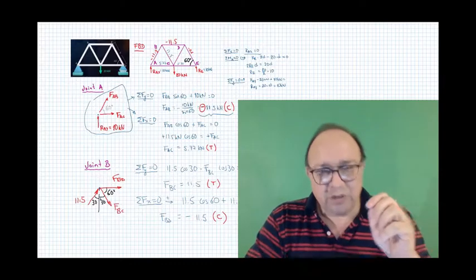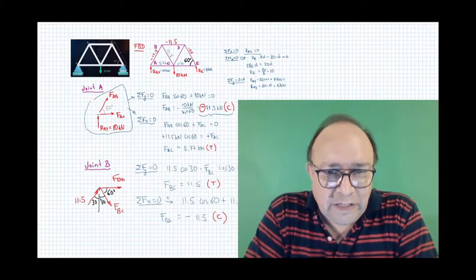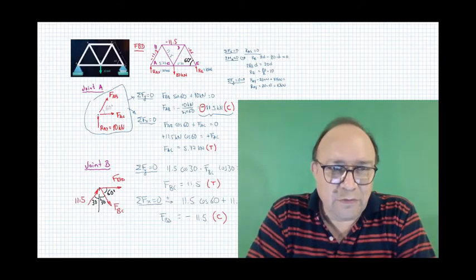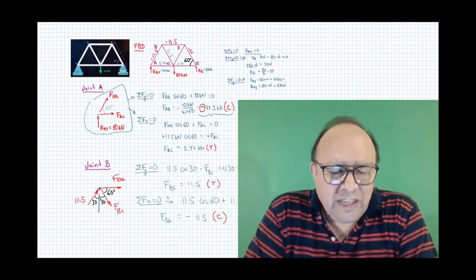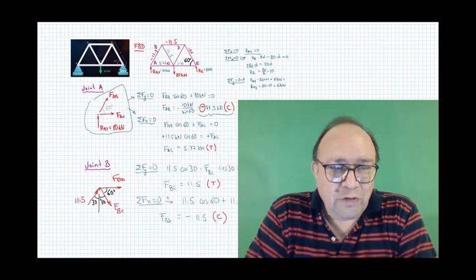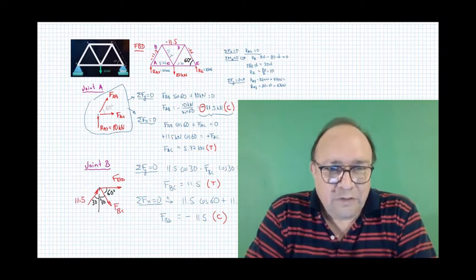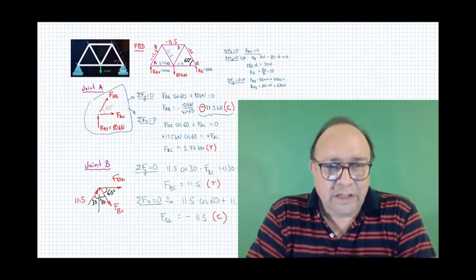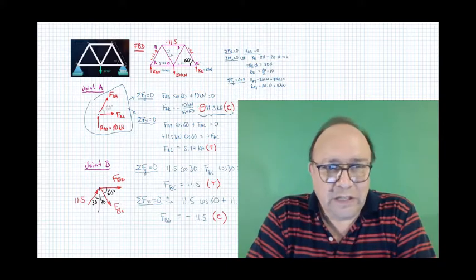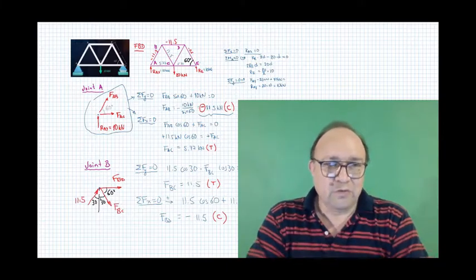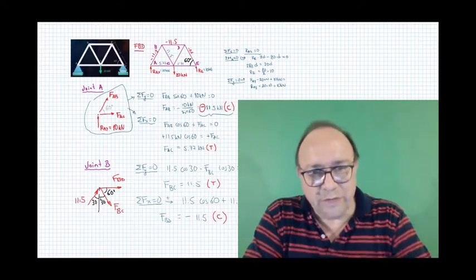Another thing is that you don't necessarily have to start by solving the external reactions before you start with the joints. If you can find a joint that you can start to solve without calculating the external reactions, you can do it. At the end, you will be able to find everything. You might get stuck at some point in one joint that you cannot solve because it has more than two unknowns. So you eventually might need to calculate external reactions before you finish.